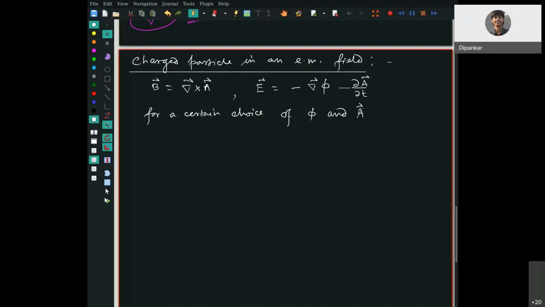Okay. By the way, before I proceed, are you familiar with the concepts of four vectors? Yes, sir. Not that much, sir, but a little bit.